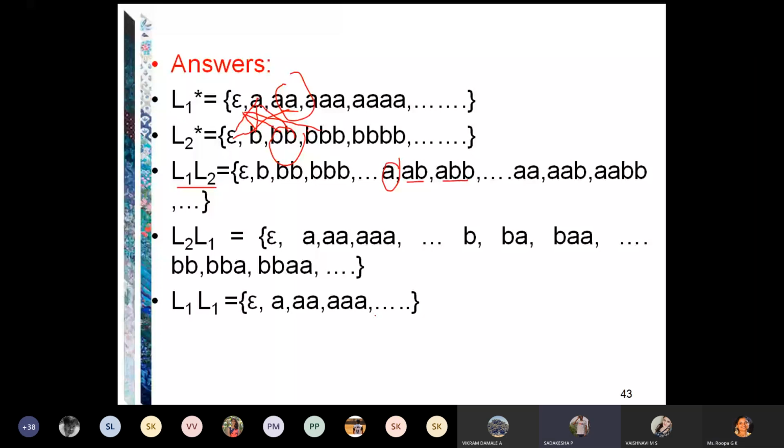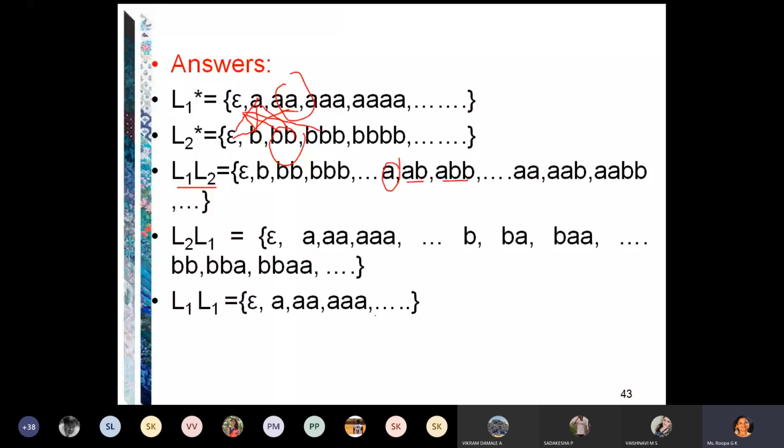We take L2 and L1. First epsilon and epsilon. It becomes epsilon and A. Next component is B. So B with epsilon, B with A, BB with A, like that.